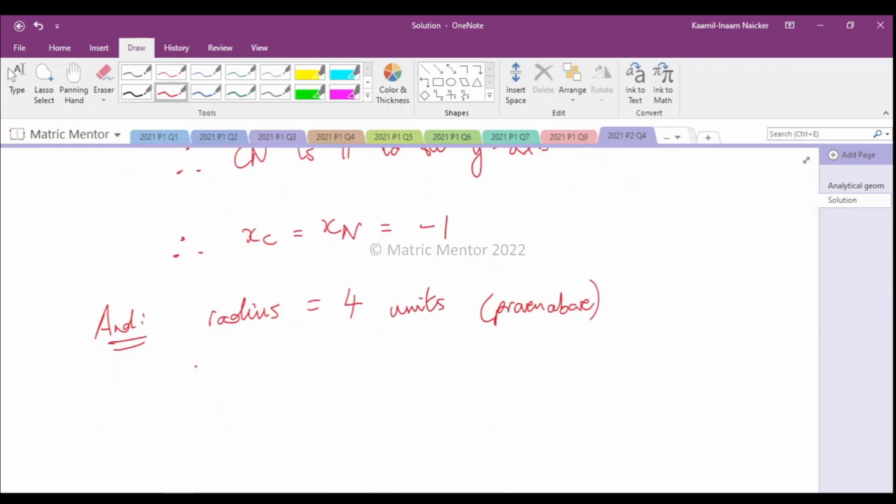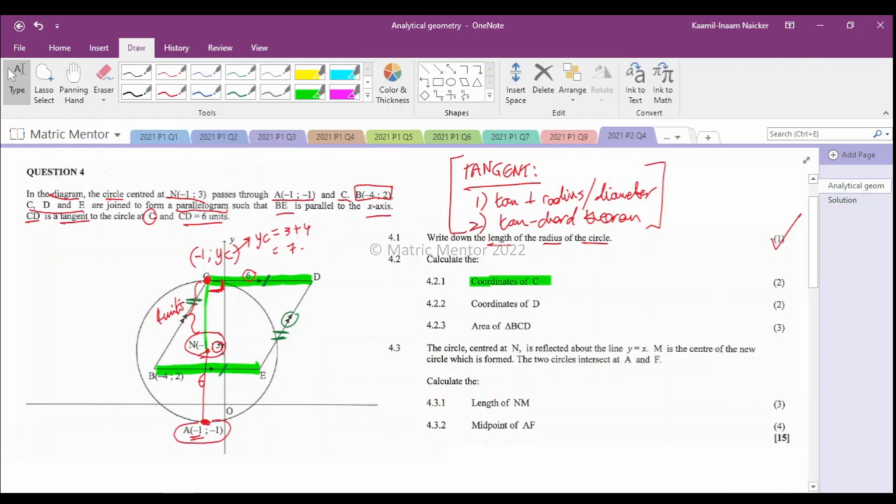Okay, and so I'll say, therefore, the y value of C is going to equal, so remember, N is located at 3, okay? So if I move perfectly vertically up by 4 units, which is the length of the radius, I will end up at 7, at a height of 7. And that should be where my C is located.